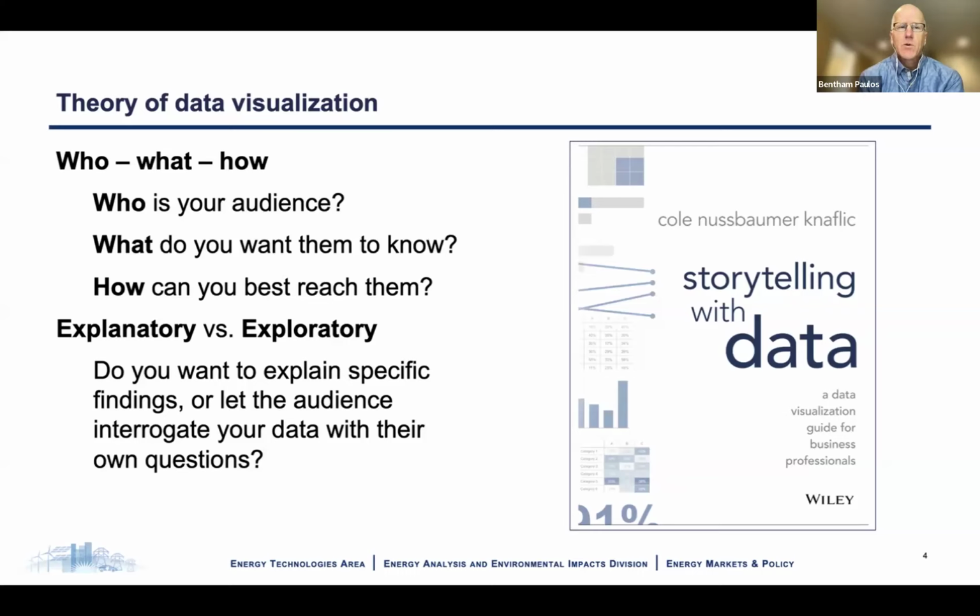And the two splits, which I kind of knew already, but this book laid out much more clearly, they describe the explanatory approach versus the exploratory approach. You either explain specific findings, or you let the audience explore, interrogating your data with their own questions.